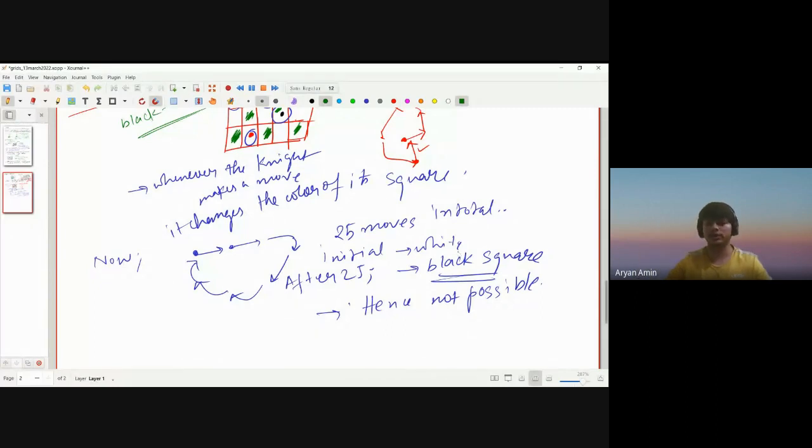Every move it changes its square color, but it is making 25 moves in total, and 25 is odd. Every two moves, you return to the same colored square. So you have 12 pairs of moves and a final move at the end, and the final move is going to change the color of the square. So if you start at white, you will end up at black, but that obviously isn't possible, right? So you can't have a closed knight tour.